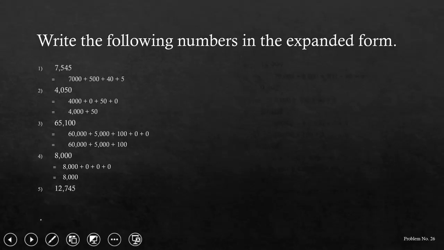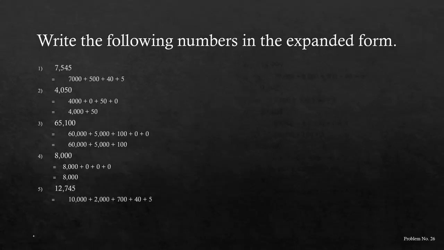Next is 12,745. The place value of 1 is 10,000, the place value of 2 is 2,000, the place value of 7 is 700, the place value of 4 is 40, and the place value of 5 is just 5. So 12,745 is equal to 10,000 plus 2,000 plus 700 plus 40 plus 5. Now next is 78,999.